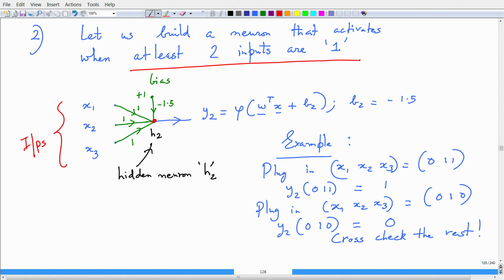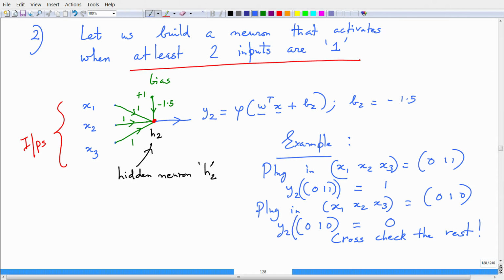Let us work the cases here. Now, when I have the 3 tuple x1, x2, x3 to be 0 1 1, right, my output for this tuple, y2 corresponding to this tuple 0 1 1 would be 1. Why? Because I have 0 times 1 plus 1 times 1 plus 1 times 1, this gives me 2 here. 2 minus 1.5 is going to be positive, which is 0.5, and the activation function will give me a 1, and you can do this for the case when all of them are 1.